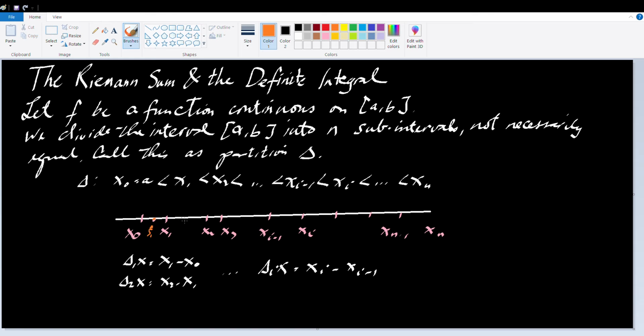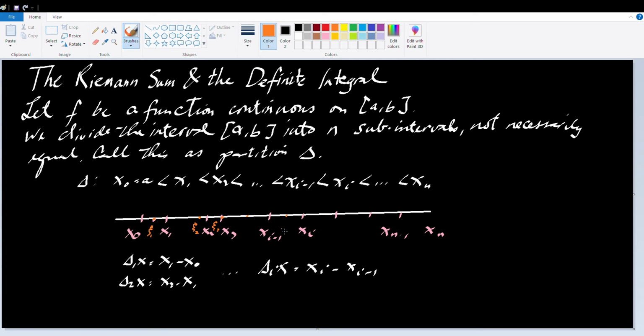Second subinterval, say it is close to the right endpoint, call it c sub 2. On the third subinterval, let us say that is the right endpoint, c sub 3. We continue our selection of points inside the interval.